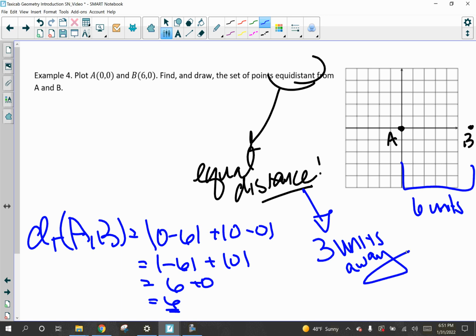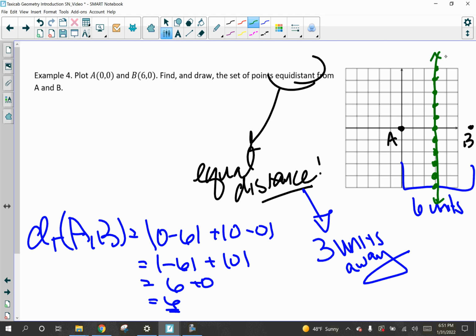If I go to point A, I can go 3 distances: 1, 2, 3. I can find all points that are 3 units away. Basically any point that lies on this line is going to be the same distance away from each of them, and you can connect them with a line.